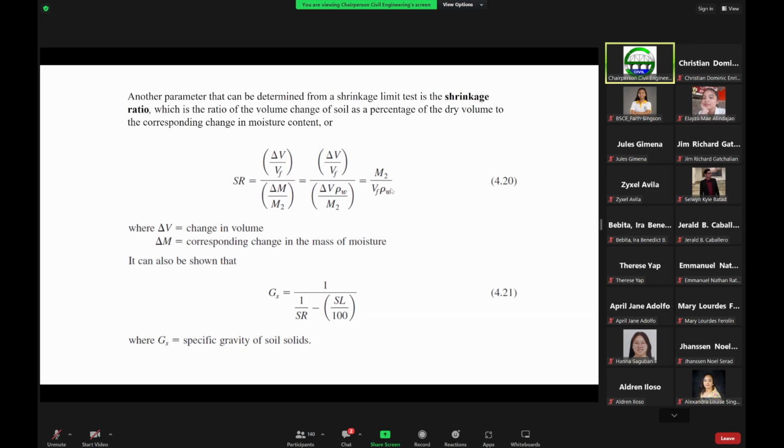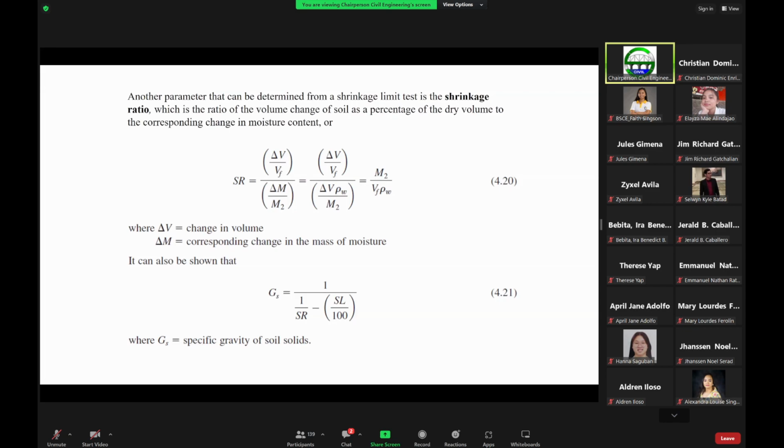So if you now have an idea of the shrinkage ratio as well as the shrinkage limit, then you can also determine the specific gravity of the soil material. Earlier in our previous topics, we determined the specific gravity of the material by certain procedures.